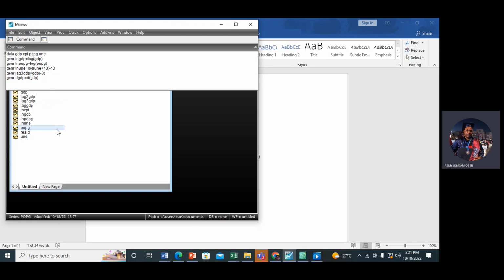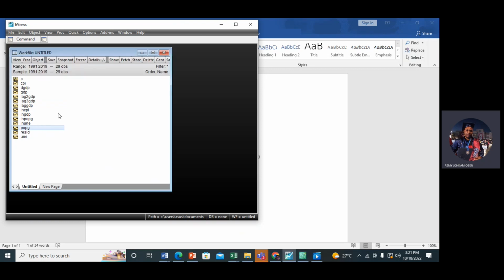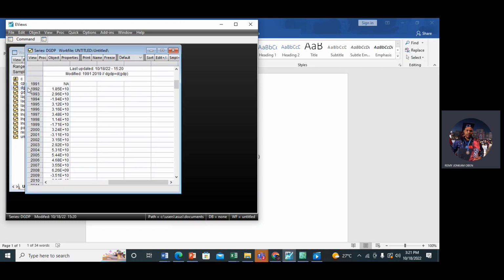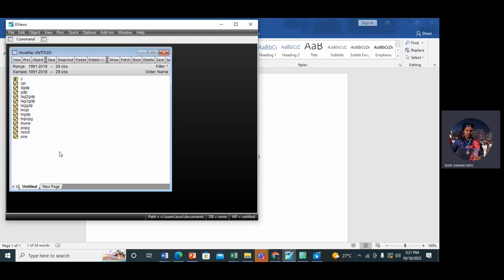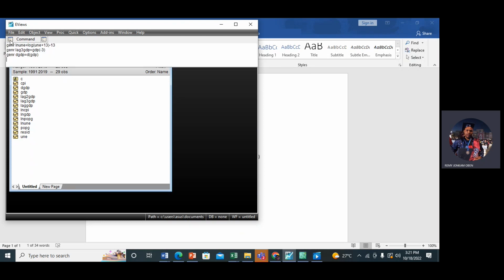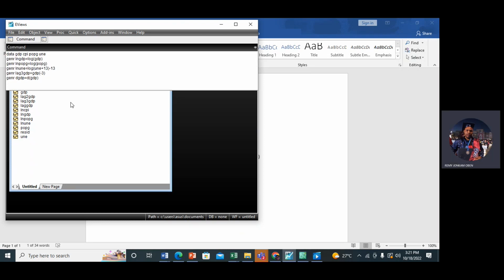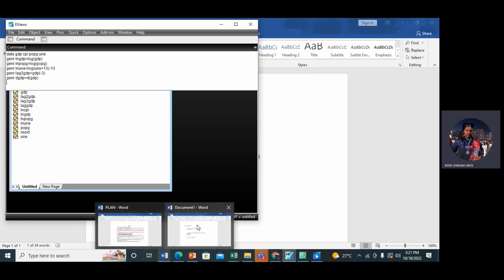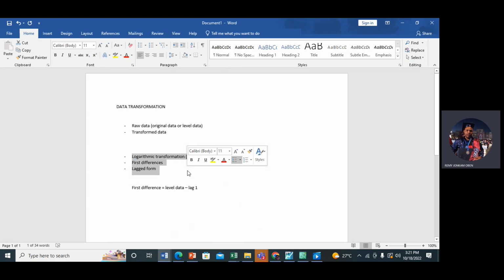This D stands for difference, right? So this is where it is, D GDP. This is it. So this is the first difference. So that is how we can generate the logarithmic form, lag 1, and the first difference. So that is how we can transform our data in these three forms.